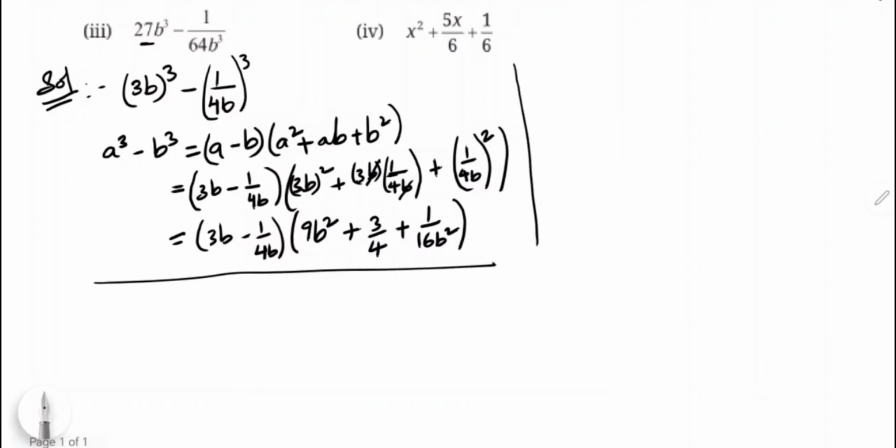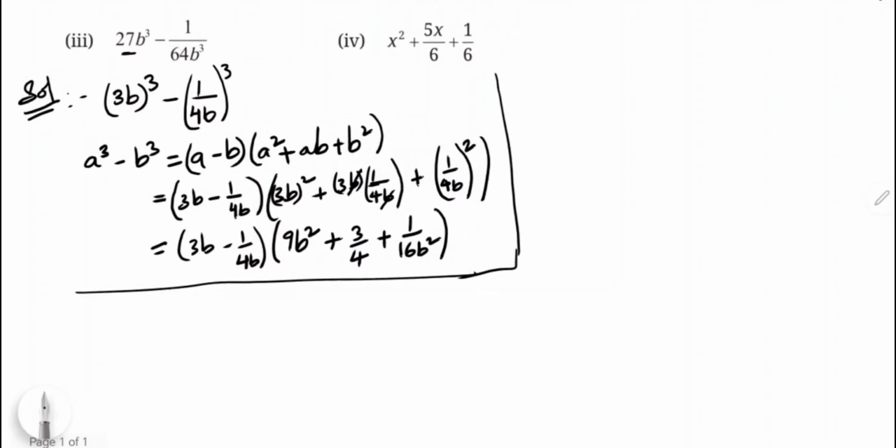Now let us solve the sixth bit. So in the sixth bit they have given x square plus 5x by 6 plus 1 by 6.